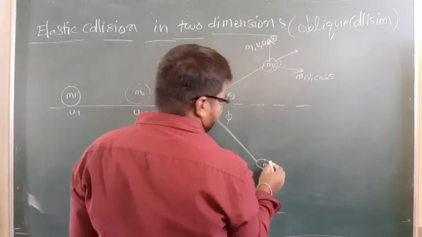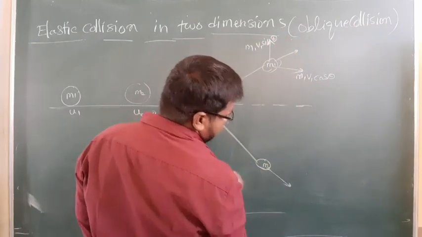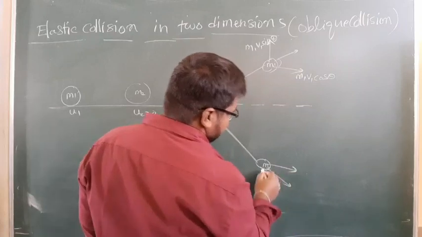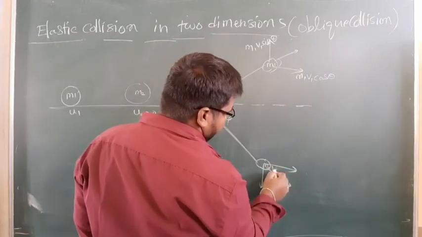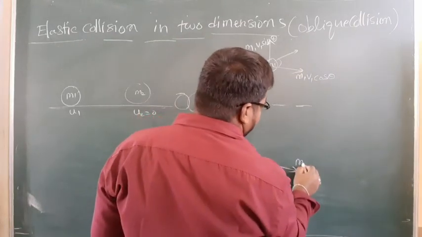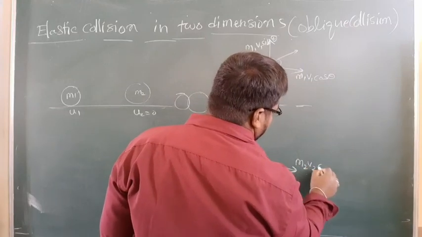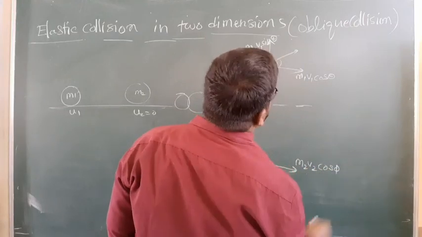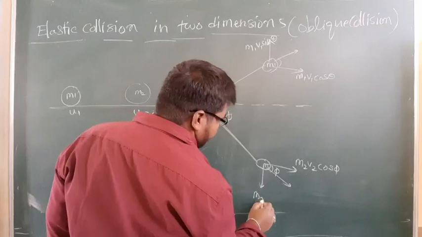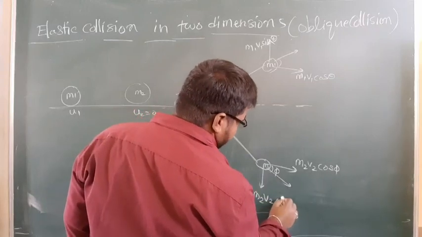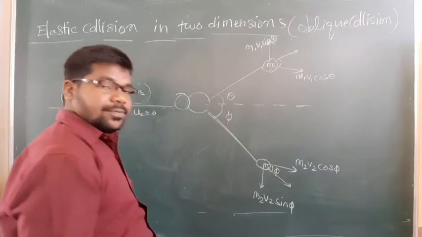For the second body, with angle phi, the components are m2 v2 cos phi and m2 v2 sin phi.